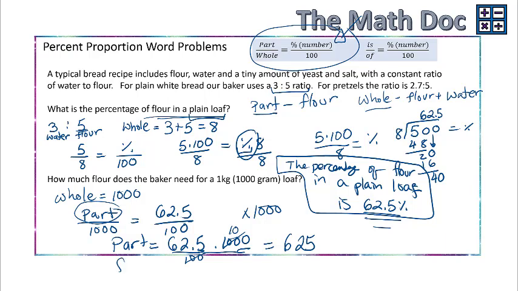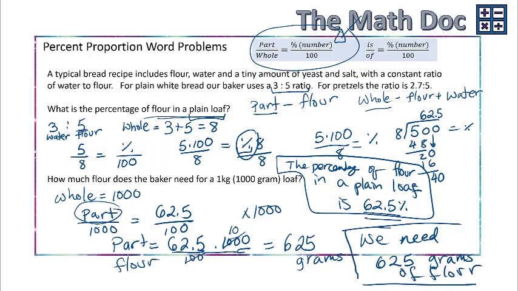And this is flour, and this is grams. So now we can say that we need 625 grams of flour for a 1 kilogram or 1,000 gram loaf.